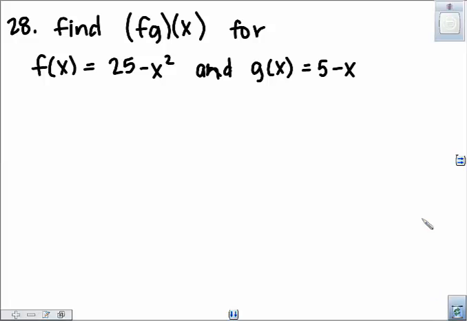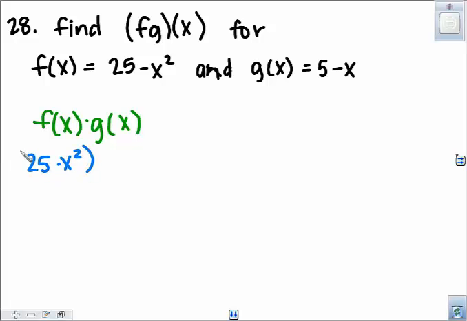28, this is also a combination function. It's multiplication. You can write this as f of x times g of x. Okay, and they give us our f of x function and our g of x function. So f of x is 25 minus x squared times g of x, which is 5 minus x.